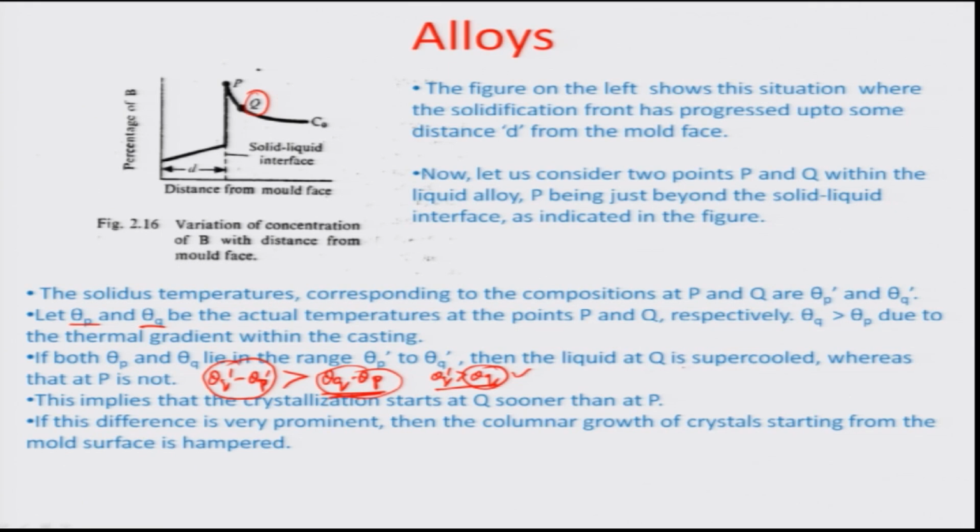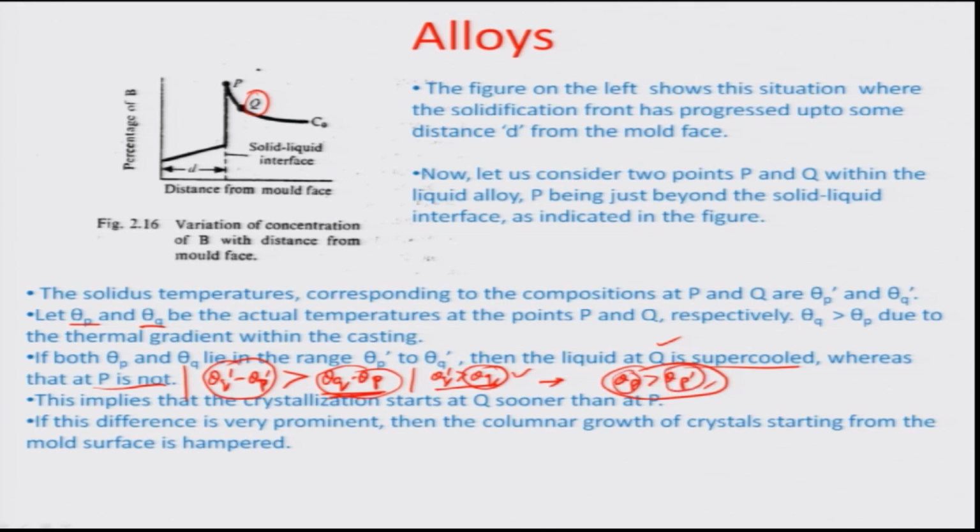Okay. So, Q is supercooled whereas P is not, because probably theta P is higher than theta P dash. That is the only way that this condition, the range theta Q dash minus theta P dash is greater than theta Q minus theta P. So, whereas Q is supercooled, P is not, because P's actual temperature is higher than the solidus point.